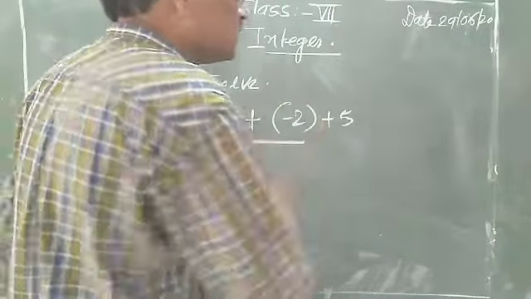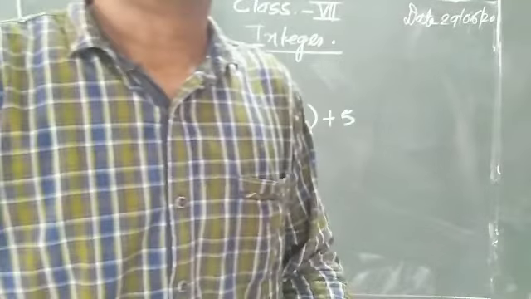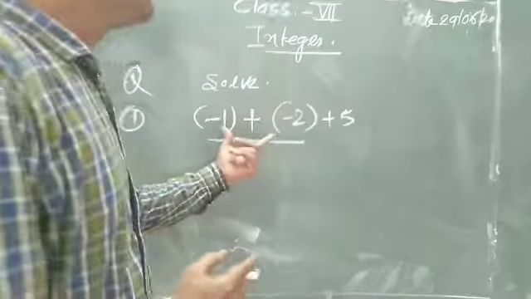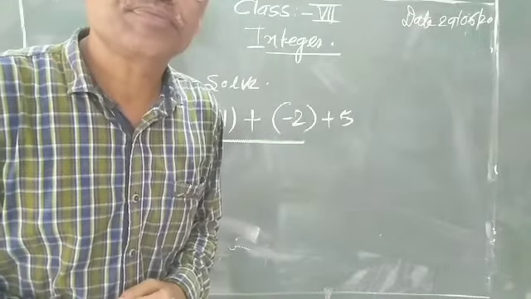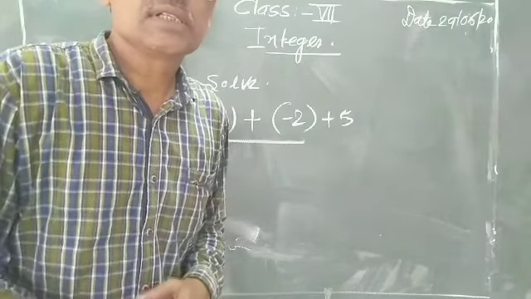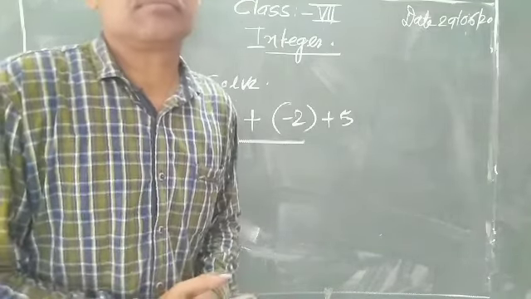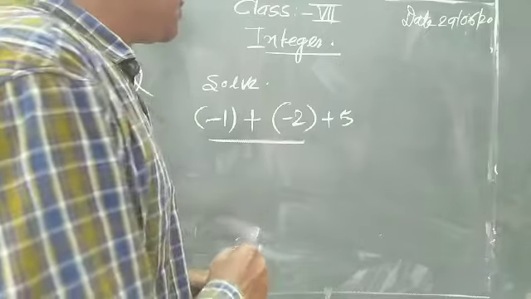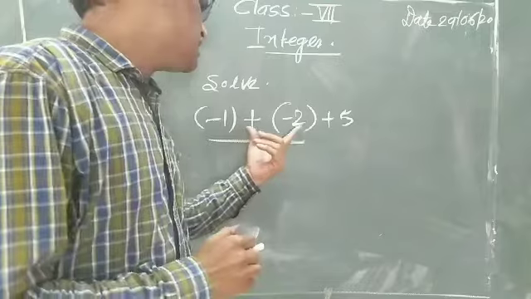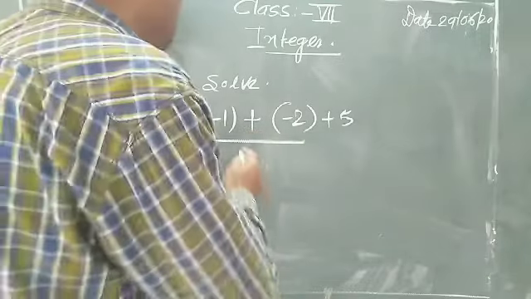Whenever there is a like sign, whenever there is a similar sign, we can add the two numbers and put the sign before the addition. That sign is negative.